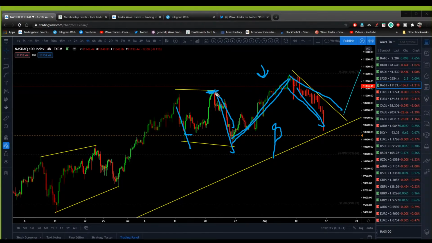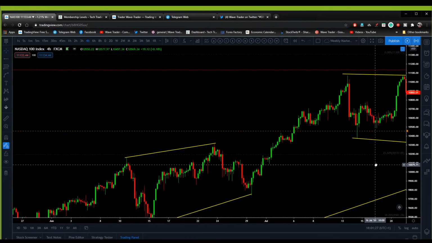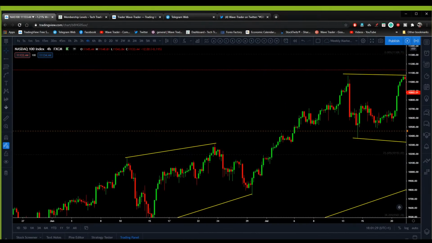Just listen again. Let me show you this chart. When you look at this chart, it is telling us that the price can still keep pushing higher, or that there wasn't a setup for buying.